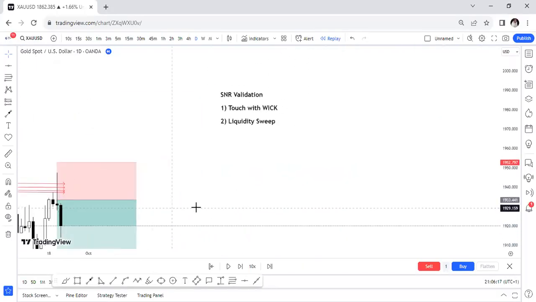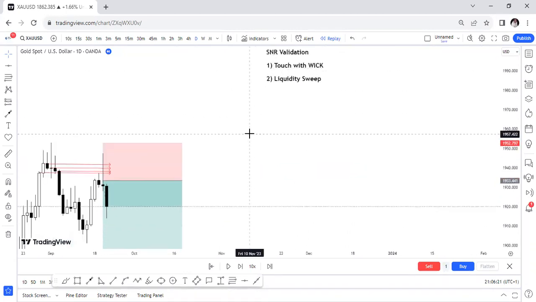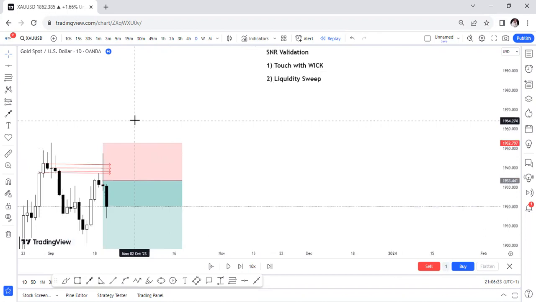So the first thing you want to see is a touch with a wick. What is a wick? It is simply a price rejection of an SNR level. We want to see price tap into it and get rejected.